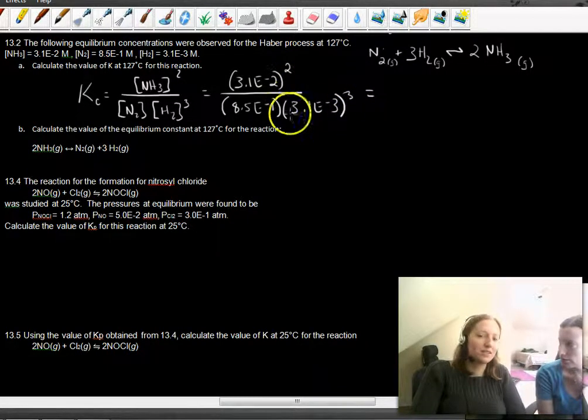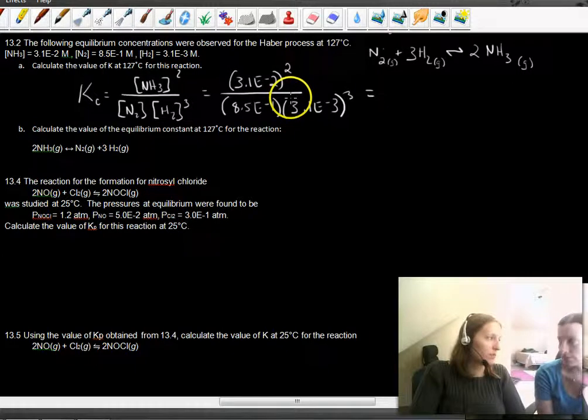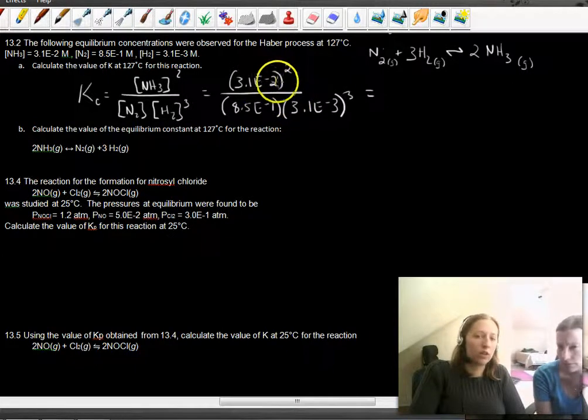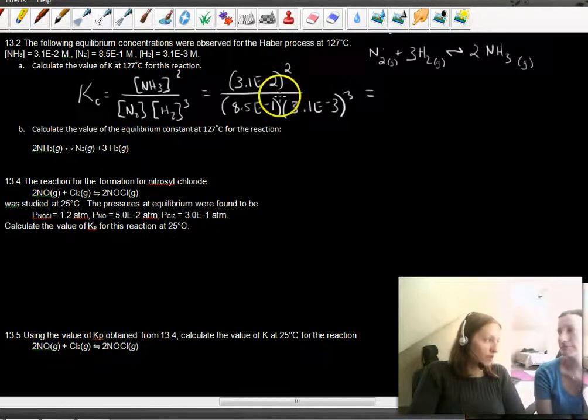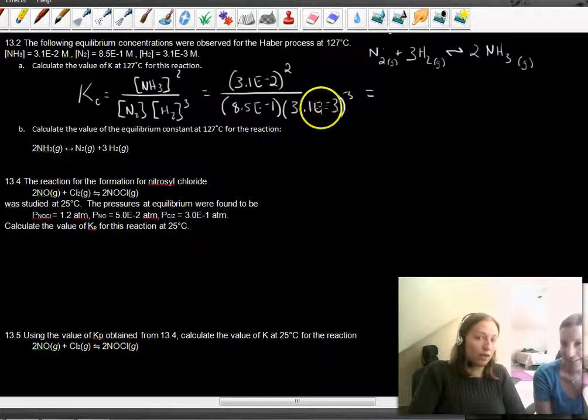It's hard to get all this into your calculator at one go, and I wouldn't recommend doing that, honestly. I would go 3.1 E negative 2, enter. Squared, enter. Divided by 8.5 E negative 1, enter. Divided by 3.1 E negative 3 cubed, enter.